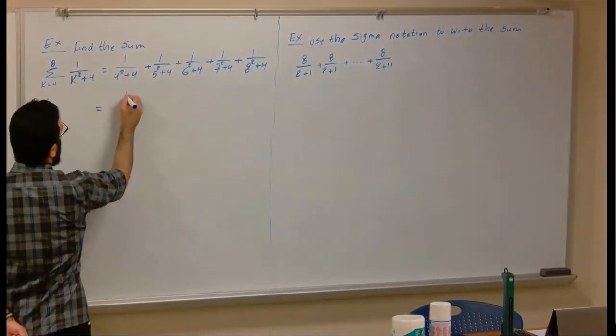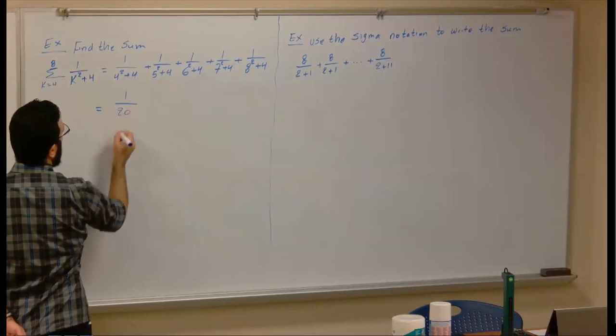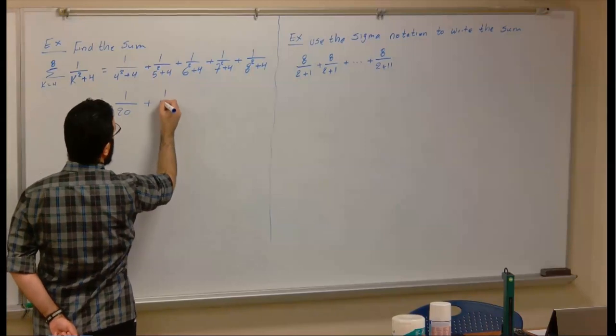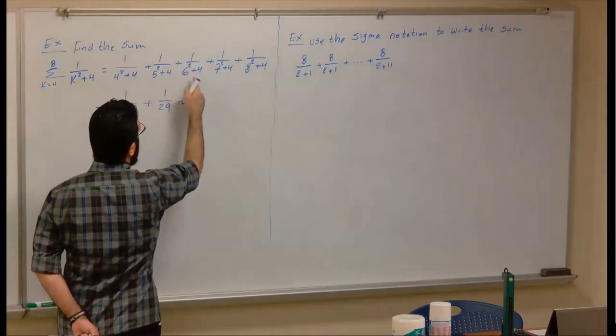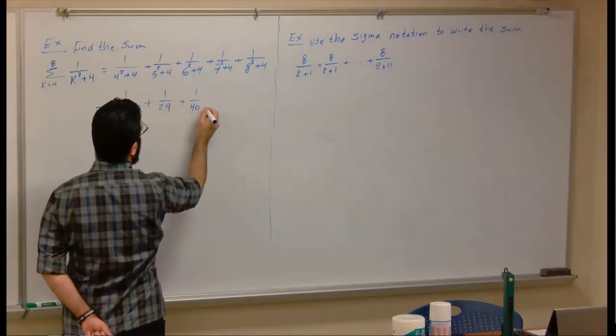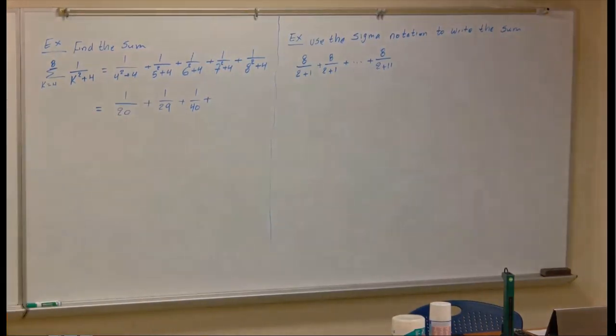And then it's going to be 1 over 16 plus 4 plus 1 over 25 plus 4. So 1 over 29 plus 1 over 36 plus 4, 1 over 40, 1 over 49 plus 4.